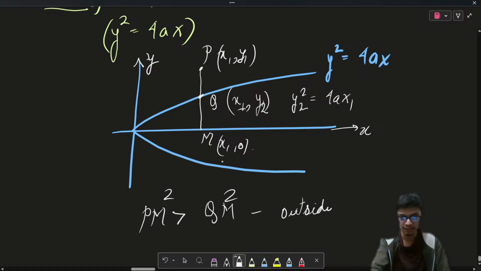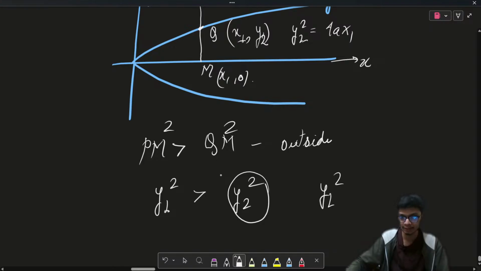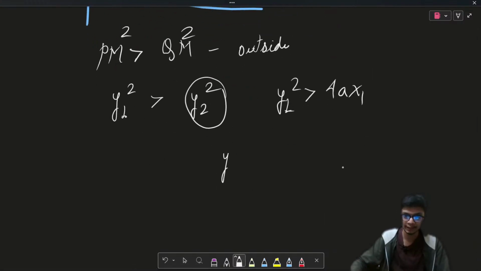So I'll get y1 square is going to be greater than y2 square. And we already know the value of y2 square, so I can write y1 square to be greater than 4 times ax1, and that basically can be written as y1 square minus 4ax1 to be greater than 0.